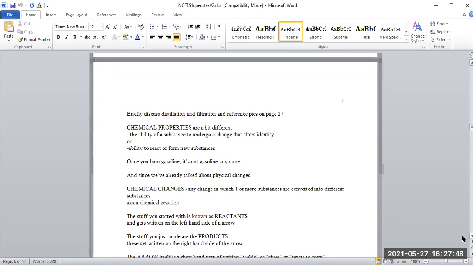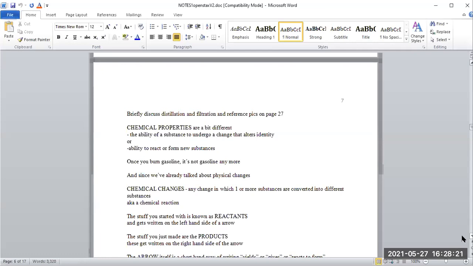properties and chemical changes are very close to the same thing. The biggest difference being that a property may or may not have happened yet. So if you say, I have gasoline and it is flammable, but you haven't put it in your car engine or you haven't set it on fire yet, it is merely a property.